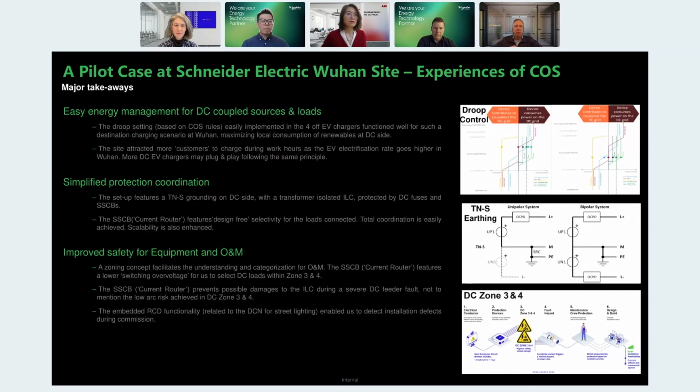We were happy to see that after the installation at our Wuhan site, we were able to attract more customers. Now our chargers are running basically fully, and there are opportunities to add more chargers. It runs basically on renewable energy, and it tunes itself naturally for these destination customers.